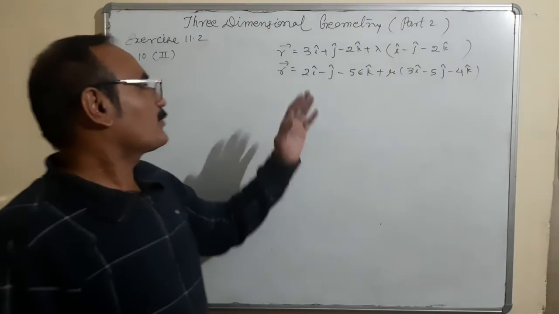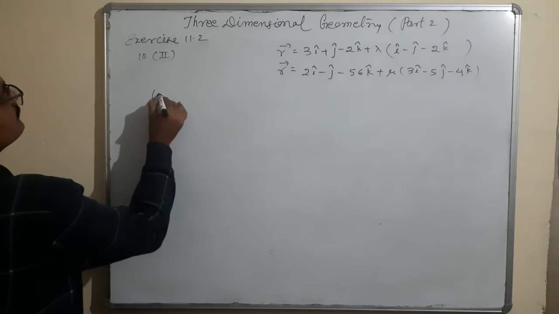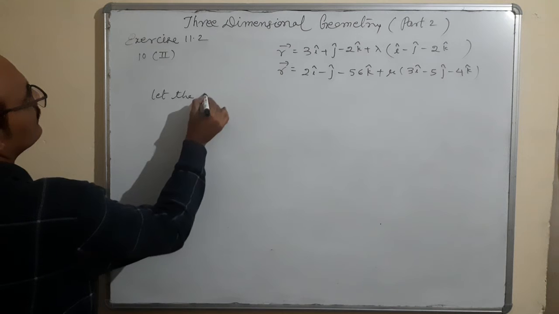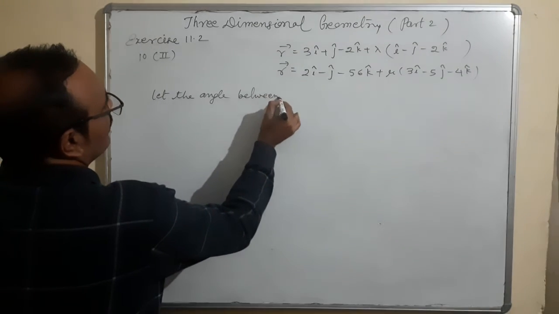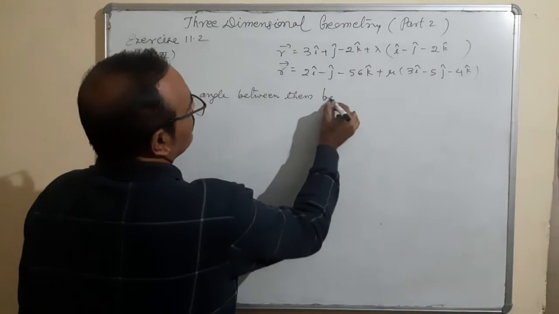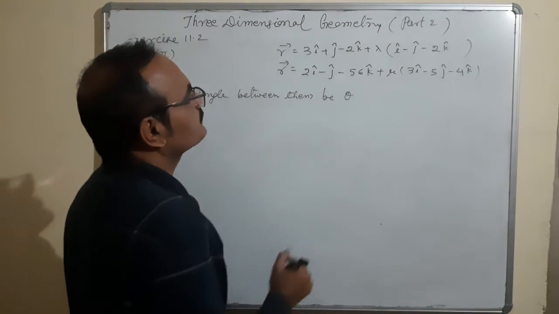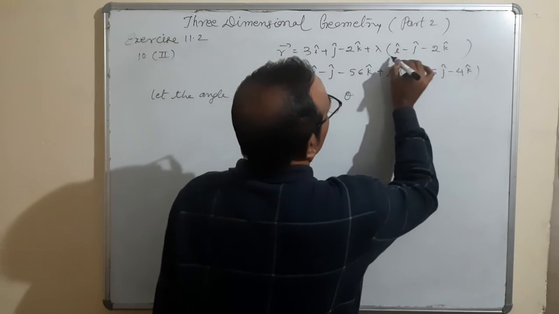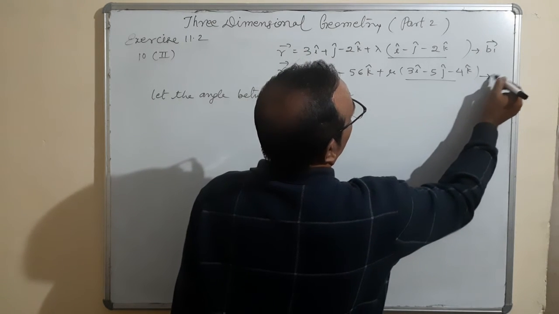Okay. We are going to find the angle between them. Let the angle between them be theta. Suppose this vector is b1 and this vector is b2.